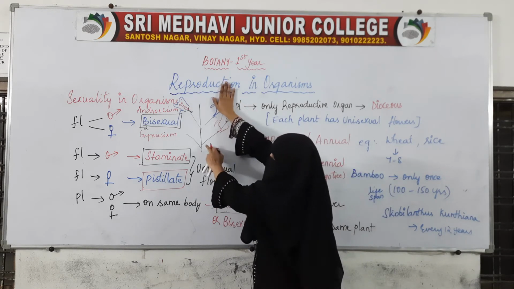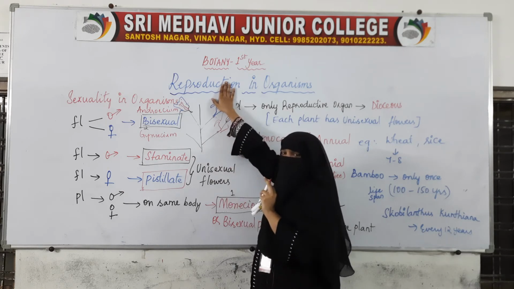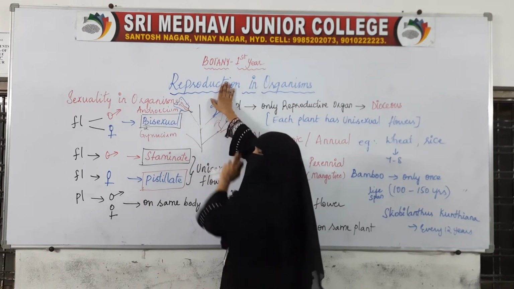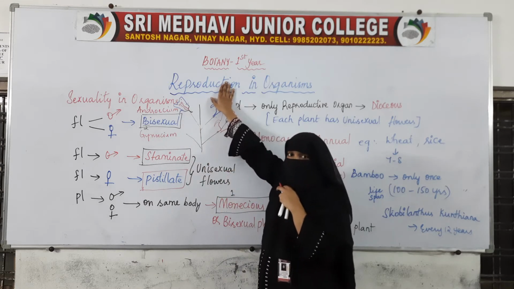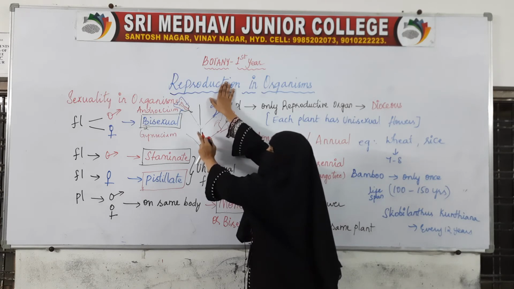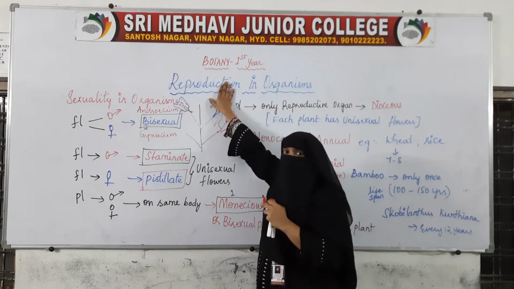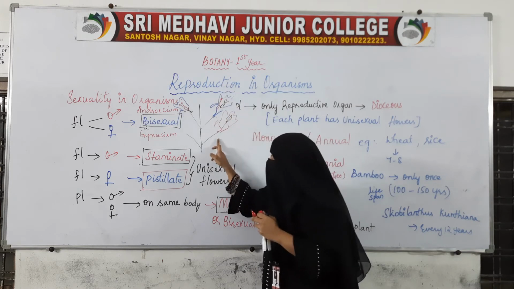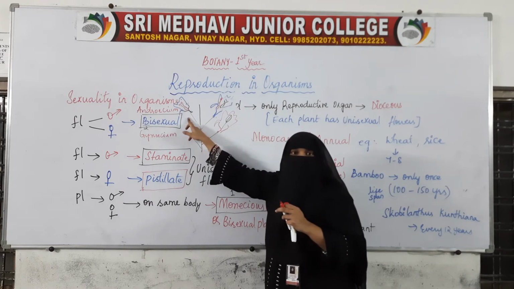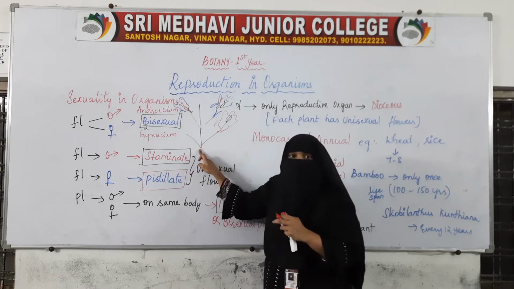On the single plant, a few flowers will have only the male reproductive organ, and a few flowers will have only the female reproductive organ. But both of them are present on the same plant. Both male flowers and female flowers are present on the same plant.